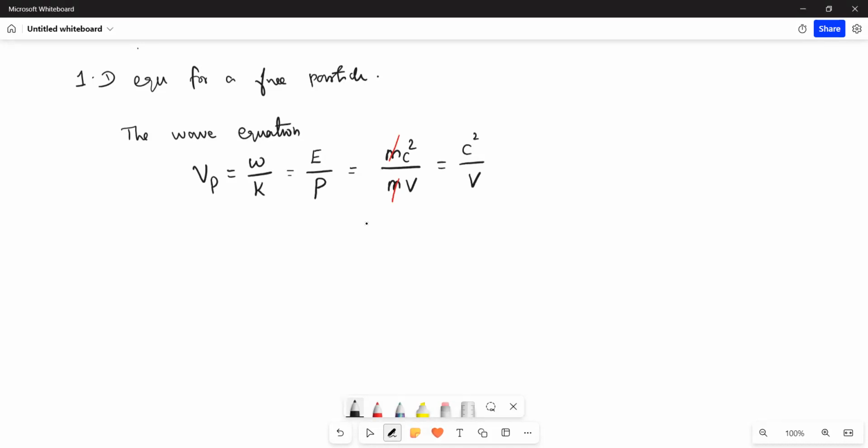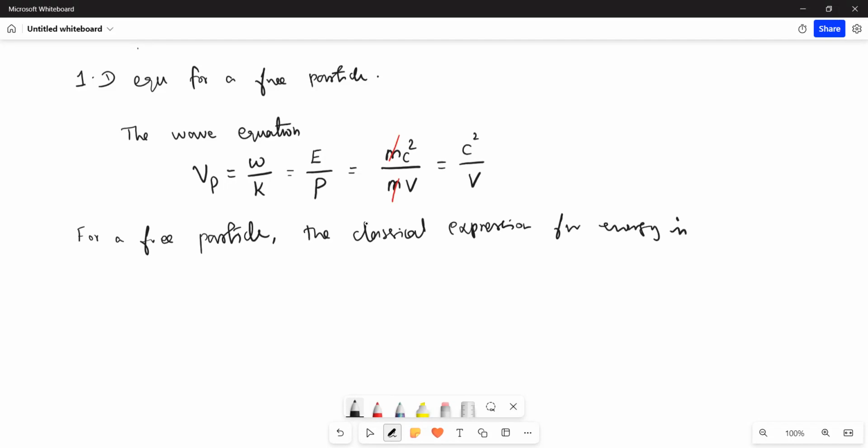Please think about a free particle. The classical expression for the energy of a free particle is E equivalent to P squared by 2m.